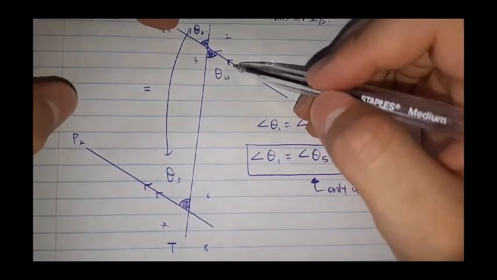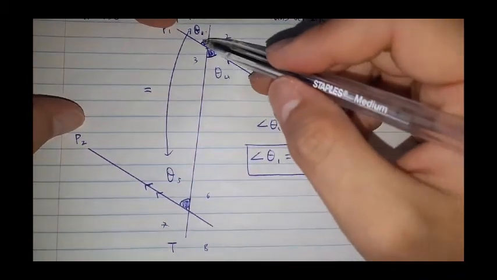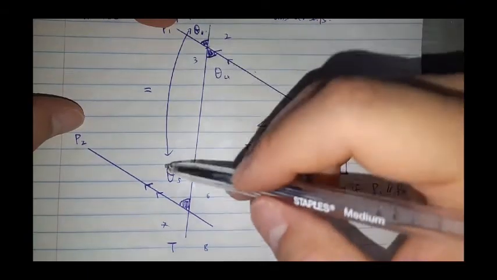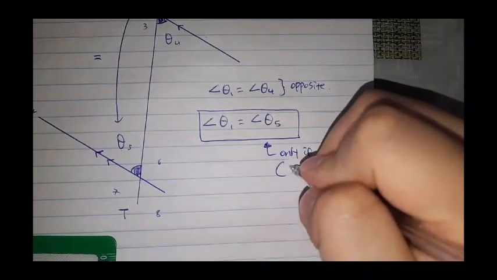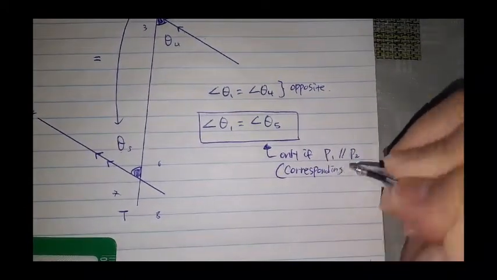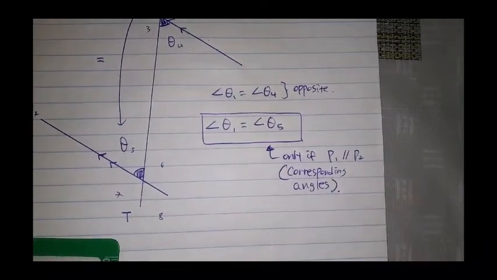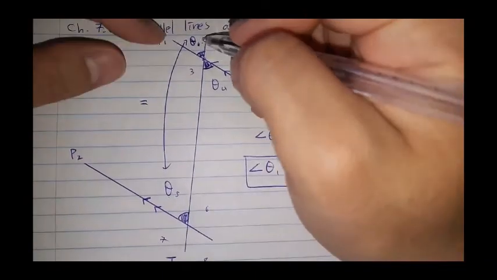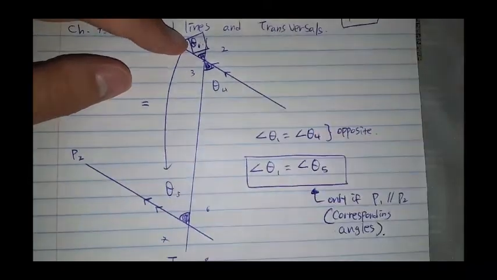Once that is identical, then here's what happened. Right now, angle 1's opposite angle is angle 4, and angle 4's alternate angle is angle 5. So basically alternate interior angles, angle 4 and angle 5, are also identical, which we're gonna see each other soon.